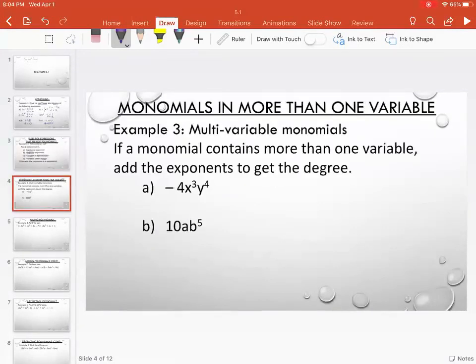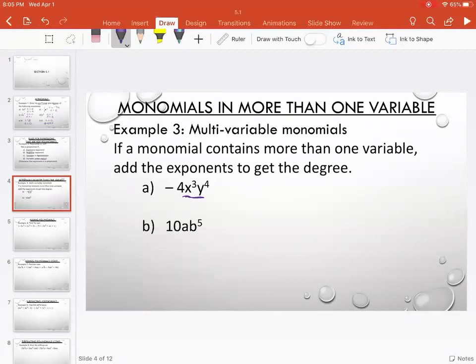So one of the things you've got to be careful of is that sometimes a term will have two variables. Now, how do I know this is a single term? There's no plus or minus between those variables.